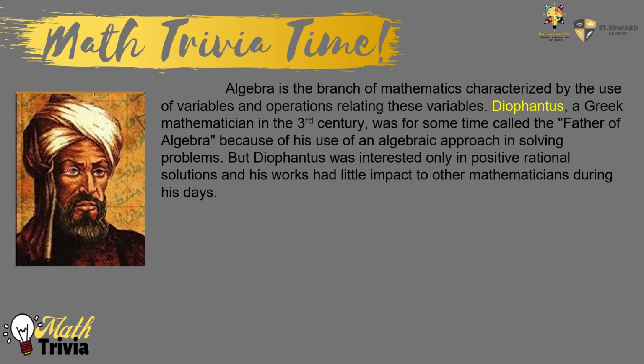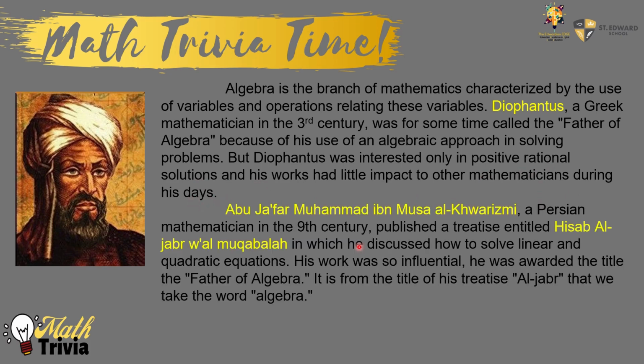By the way, this is not Diophantus. Because of his use of an algebraic approach in solving problems. But Diophantus was interested only in positive rational solutions, and his work had little impact on other mathematicians during his days. So who is this man?